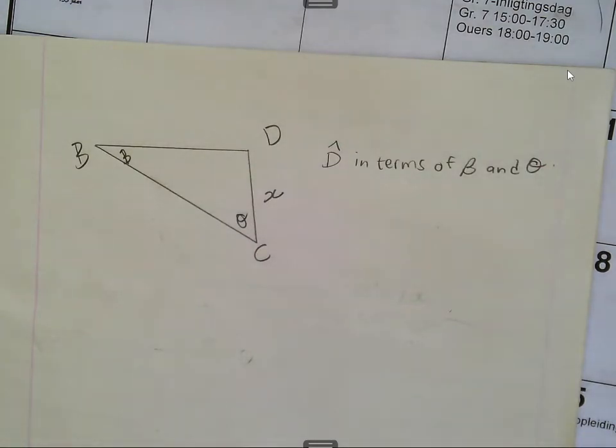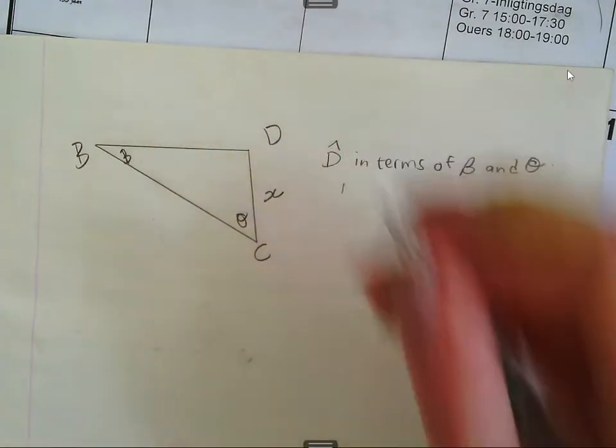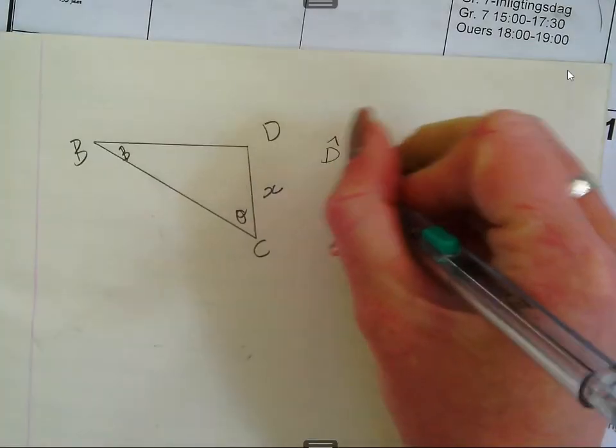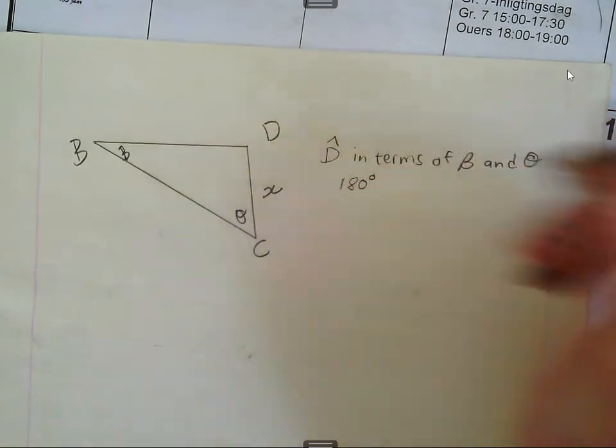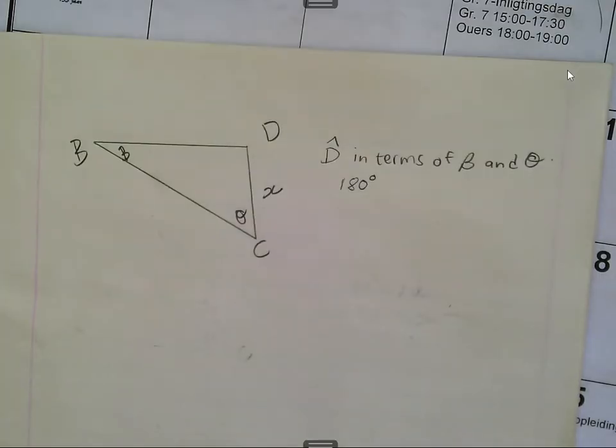Who wants to try? It's easy. Bokang? 180. Okay, now that's perfectly right. He says 180 minus beta and minus theta.